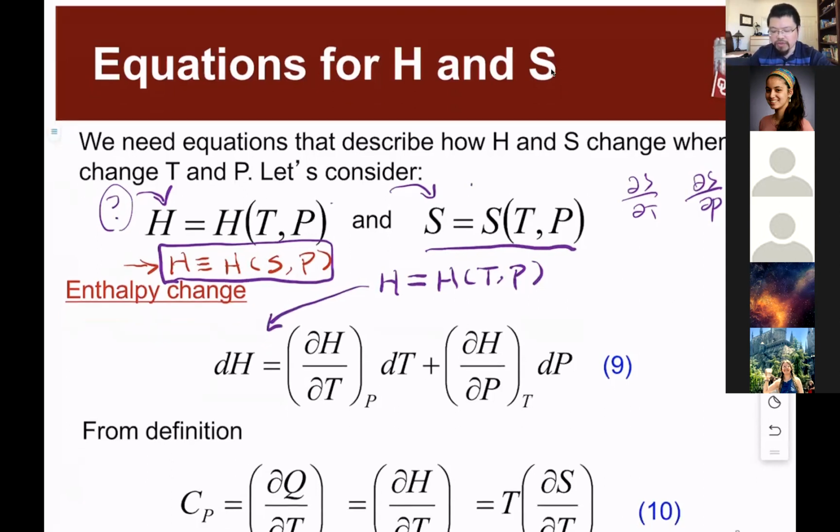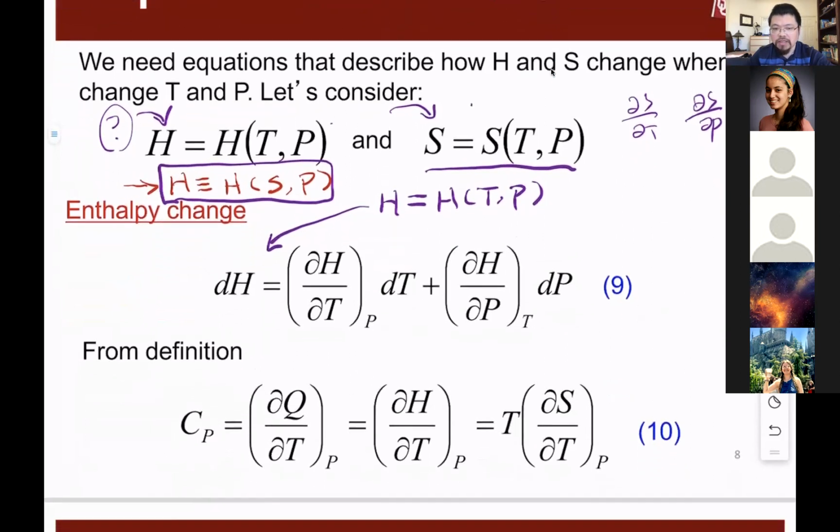So this is equation 9 here on the slide. dH is a partial derivative of dH over dT while keeping the pressure fixed. The second term is dH over dP, keeping the temperature fixed, right? So we are able to move forward one step to write down the full derivative. Then the full derivative will involve two new partial derivatives. So we need to take a look at this dH over dP.